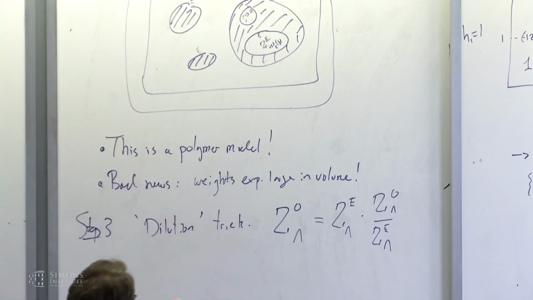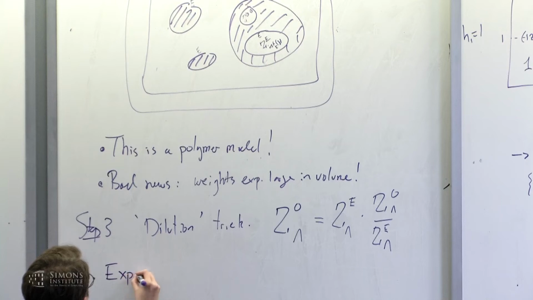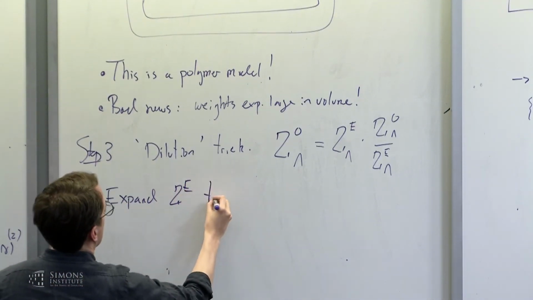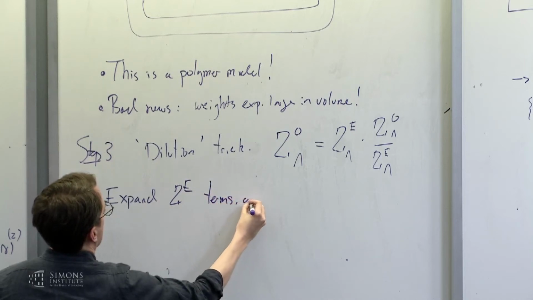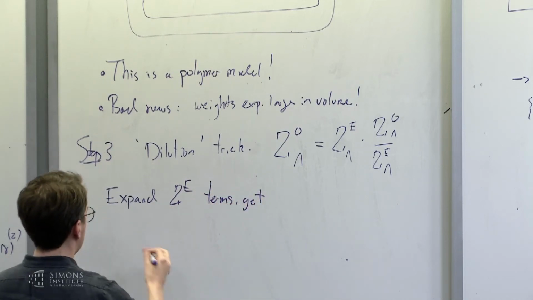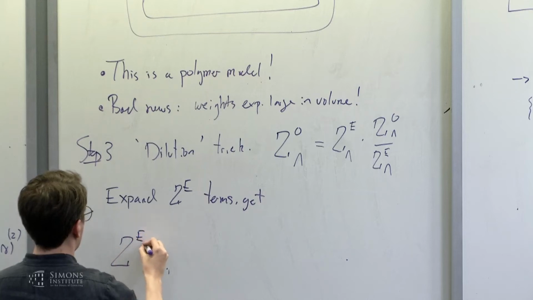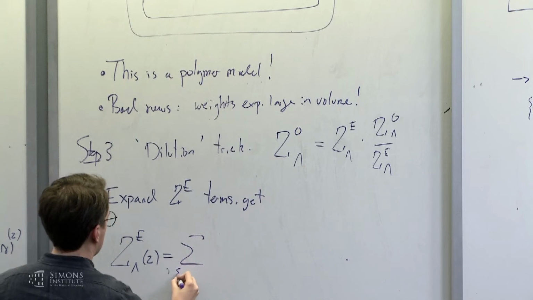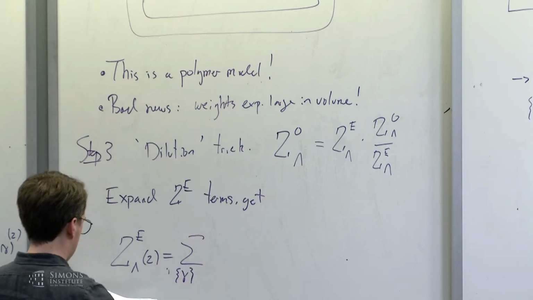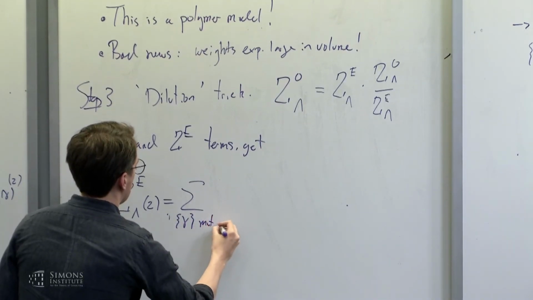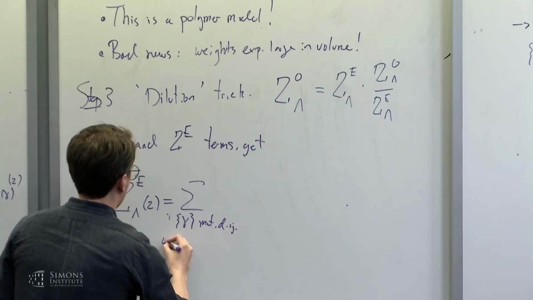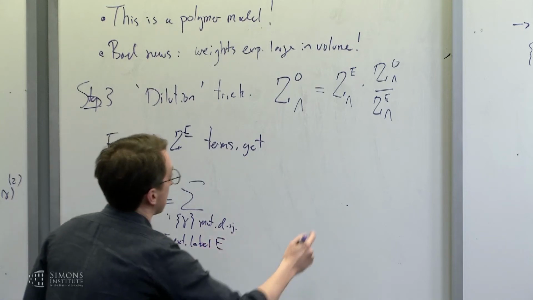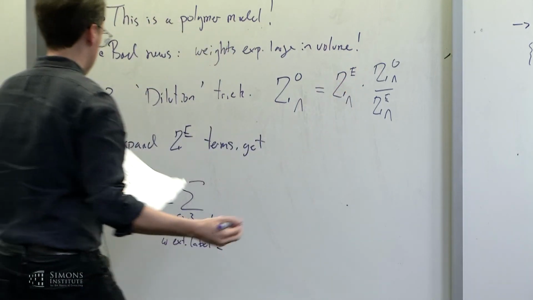So if you expand the Z^E terms, and you do this repeatedly, what you get is the following formula. Well, it's going to be a sum over collections of polymers, gamma, that are mutually disjoint with exterior label E, because I expanded this term again.